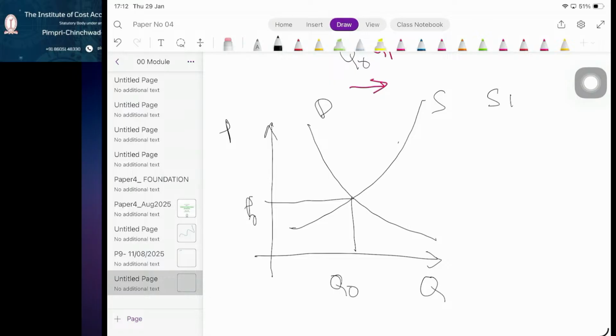So supply is constant and demand decreases. Supply is constant and demand decreases. What would be the impact on equilibrium price and equilibrium quantity?